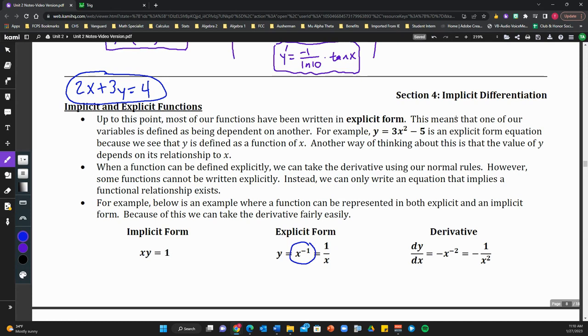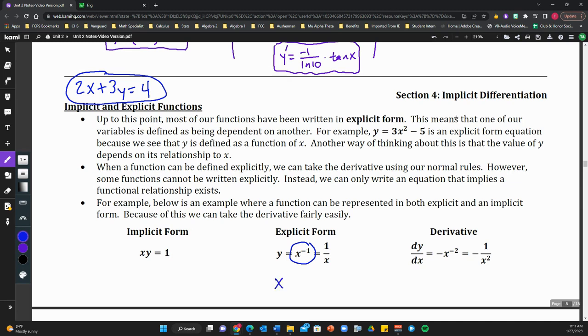Another idea behind explicit form and the idea of inputs and outputs: because we define y as being dependent on the value of x, that's why we come up with this dy dx notation. This signifies that x is our input, and we want to know how the output value changes as we change the value of x.